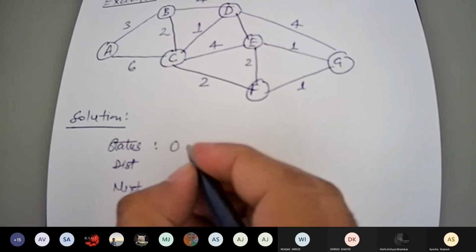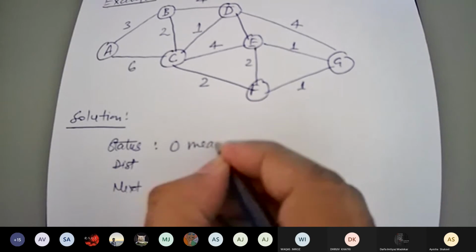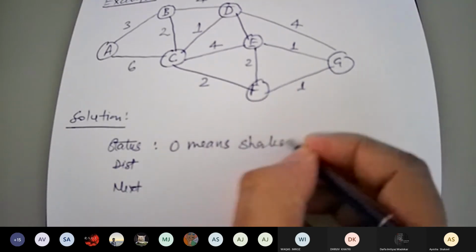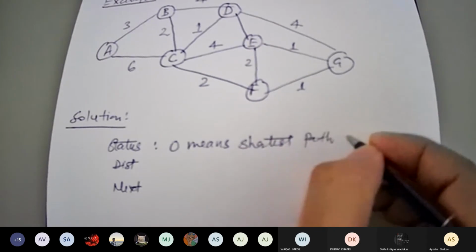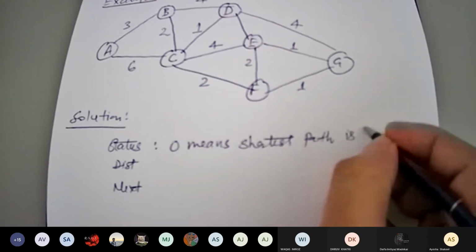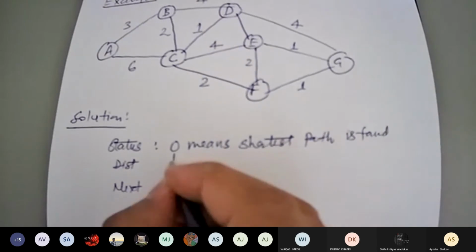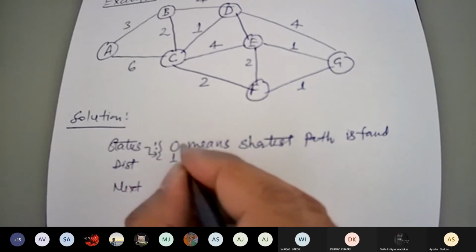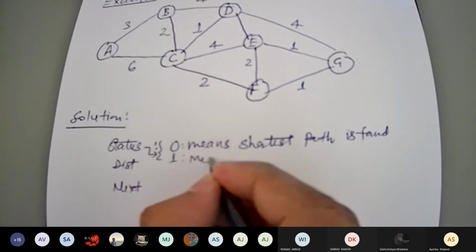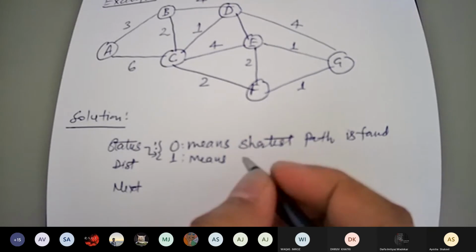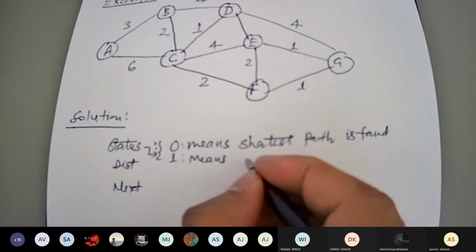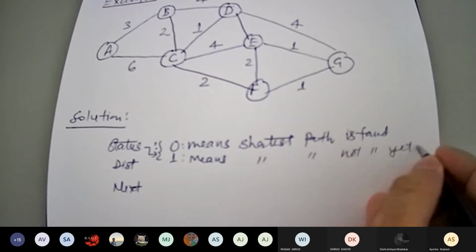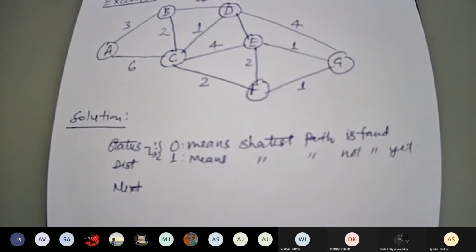If status is 0, it means the shortest path is found. And if status is 1, it means the shortest path is not found yet. Okay.